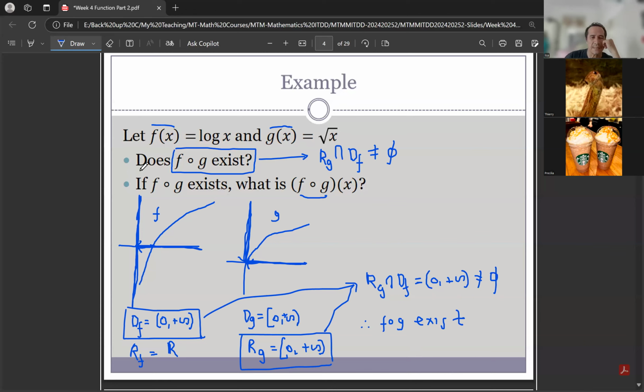And the second part says that if f∘g exists, what is the formula of f∘g?